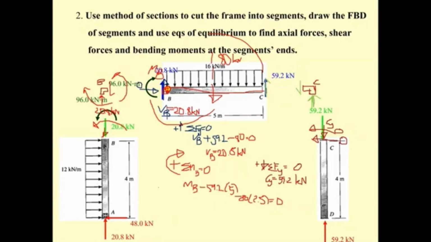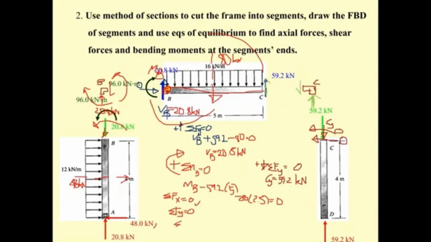If you do the summation of F sub x equal to 0, this force, which if you remember is 48 kilonewton, is going to be balanced by this force. This is going to be correct. If you do the summation of F sub y equal to 0, you may get 20.8 and 20.8.